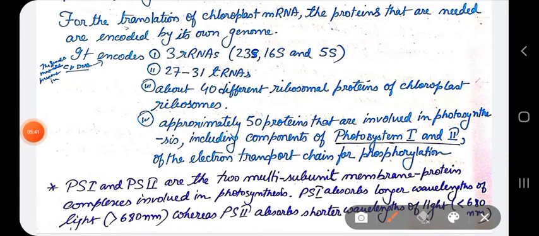It also encodes different proteins which are components of PS1 and PS2, called photosystem 1 and photosystem 2, which are multi-subunit membrane protein complexes involved in photosynthesis.